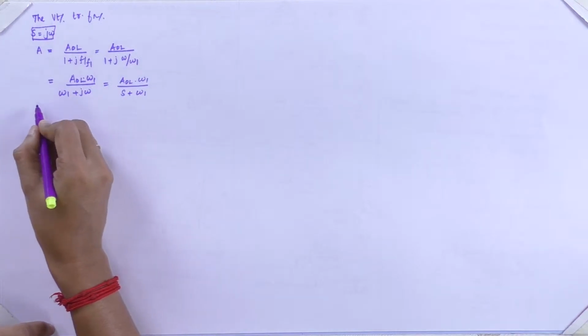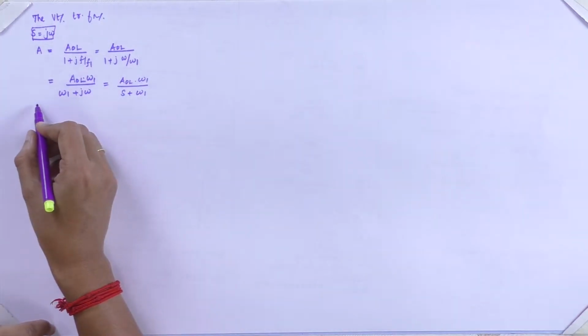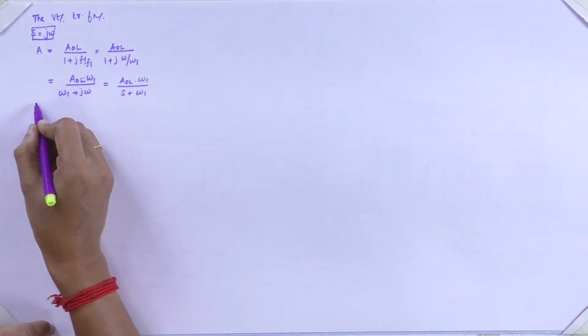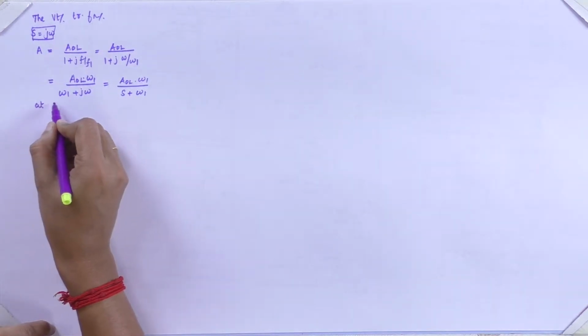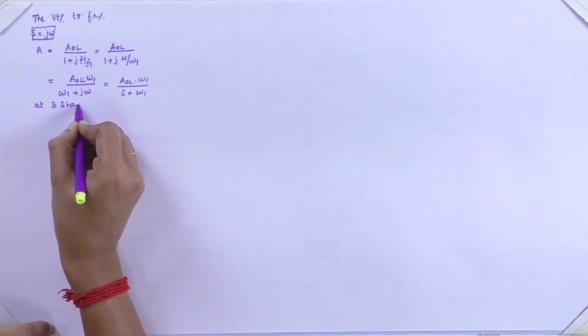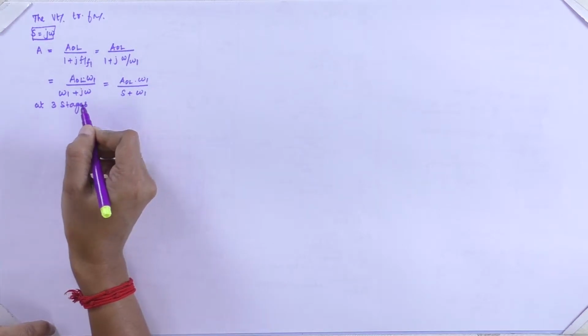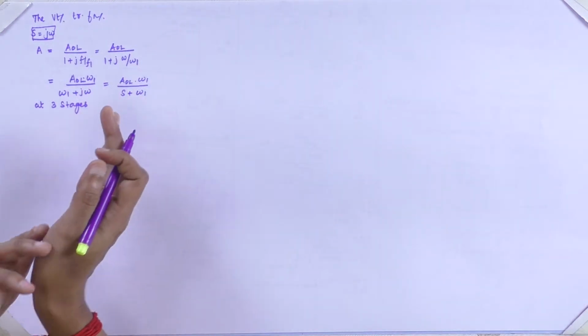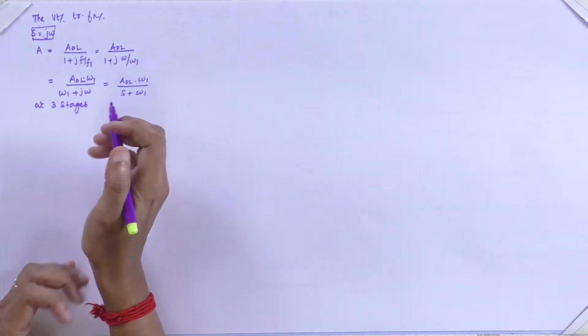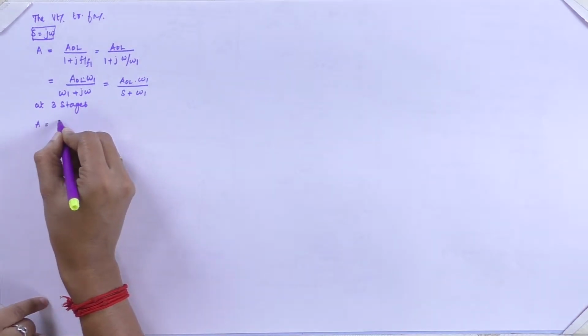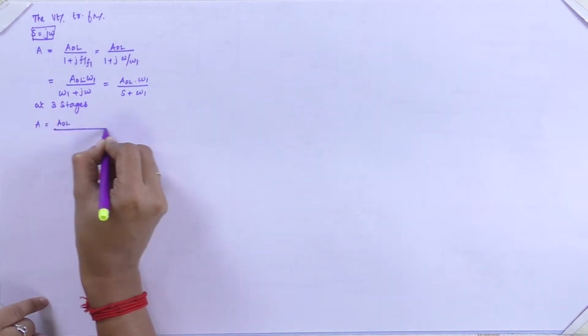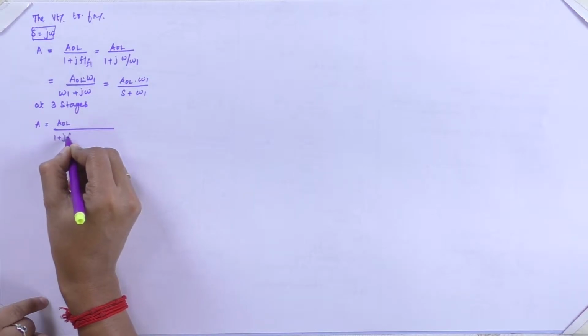Now I am going to add more capacitive components, considering capacitive components at 3 stages. Initially we have 1 stage capacitor, so I have taken my value as AOL divided by 1 plus j f by f1.